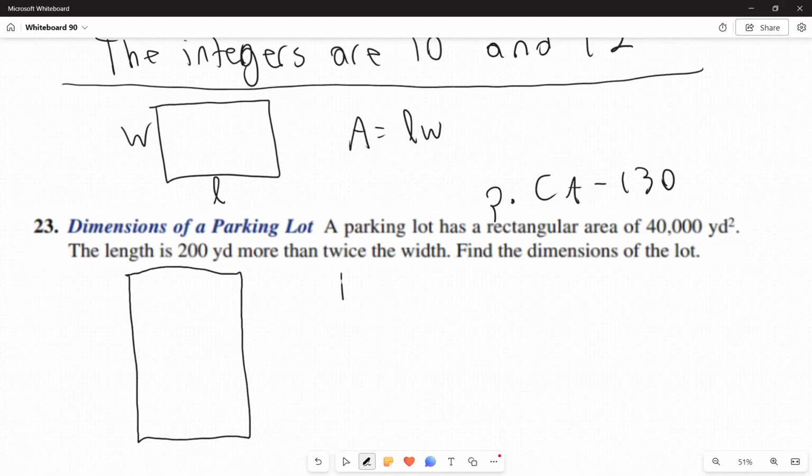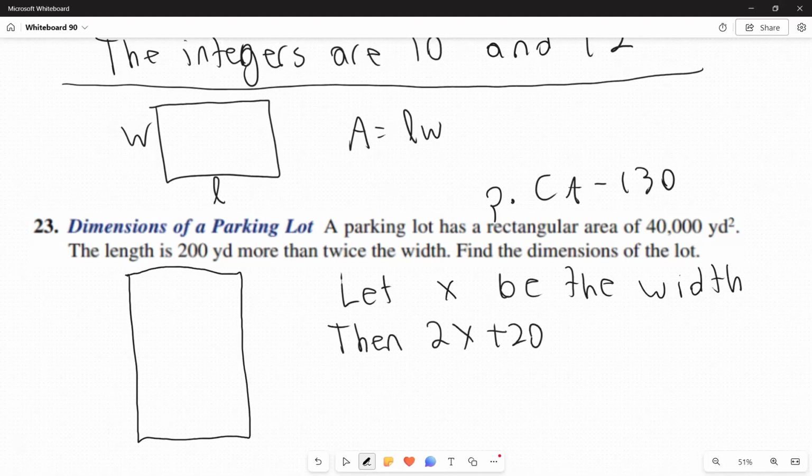So we're going to let x be the width. And if x is the width, then 200 yards more than twice the width, 2 times x plus 200, is the length. And the area of the parking lot is 40,000 square yards.